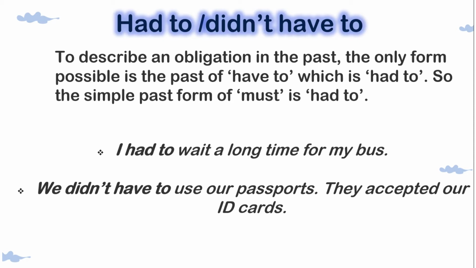They accepted our ID cards. So that is no obligation, you didn't have to use that, right? But that is in the past. We didn't. In this case, you use the auxiliary did in the negative form. Also have to in the base form, because you're using did.